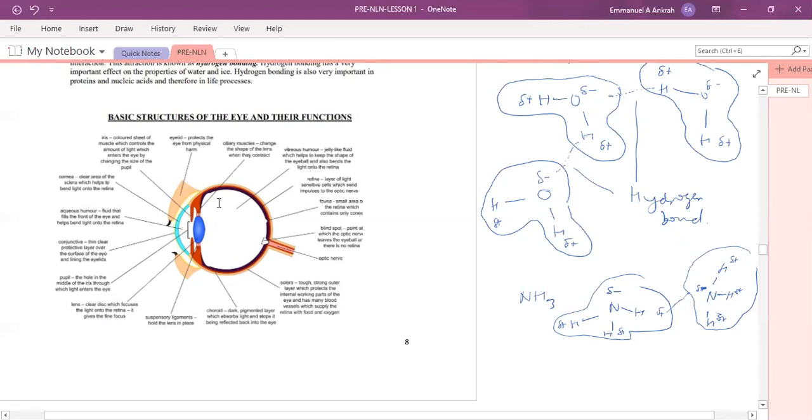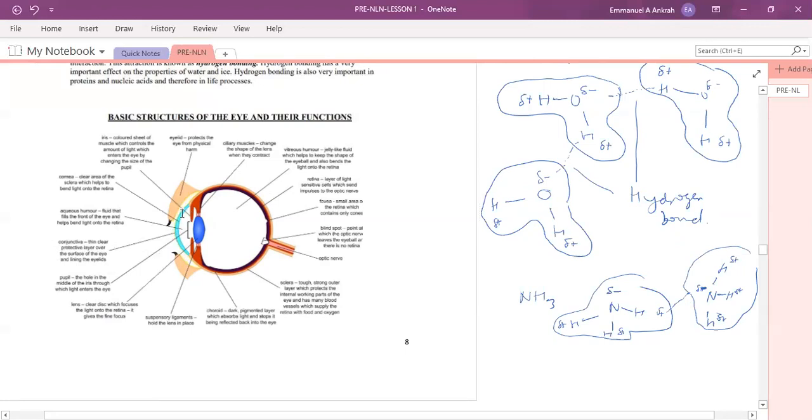So remember, you have the conjunctiva that covers the surface of the eye like this. It's a thin protective layer that covers the surface of the eye and the lining of the eyelids. That's the conjunctiva, the one covering the blue one. And then the blue here is the cornea.